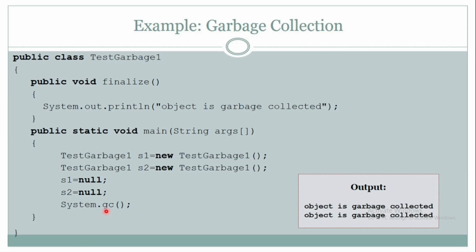It's just a request to the Java virtual machine to perform garbage collection, which means to deallocate the memory allocated to S1 and S2. Before deallocating the memory of these two objects, the finalize method will automatically be called. That's it about garbage collection.